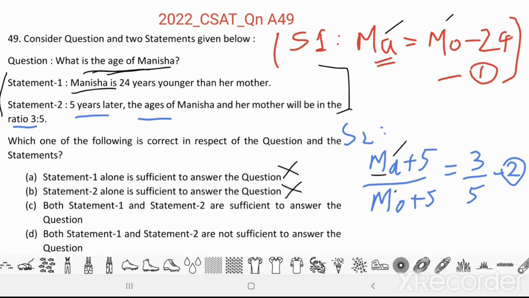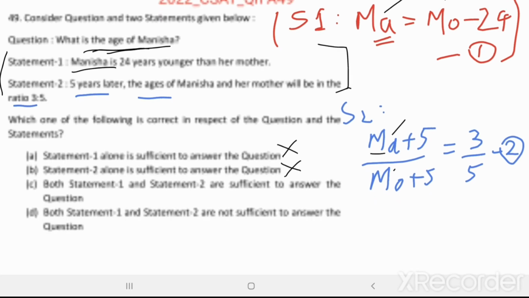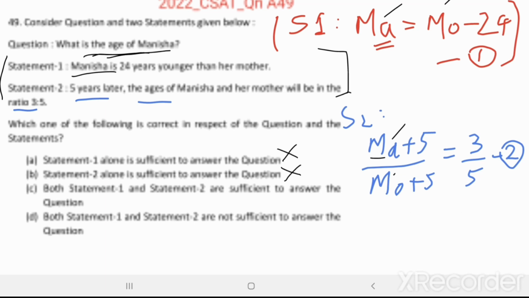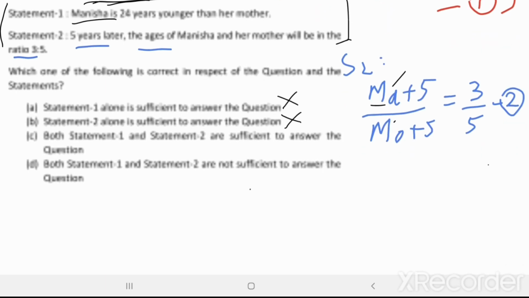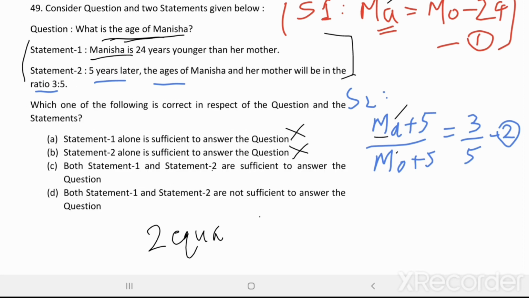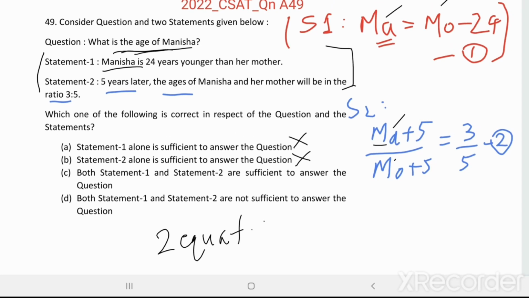Now consider both the statements, S1 and S2. Then two equations and two unknowns. So we have a definite value for MA.